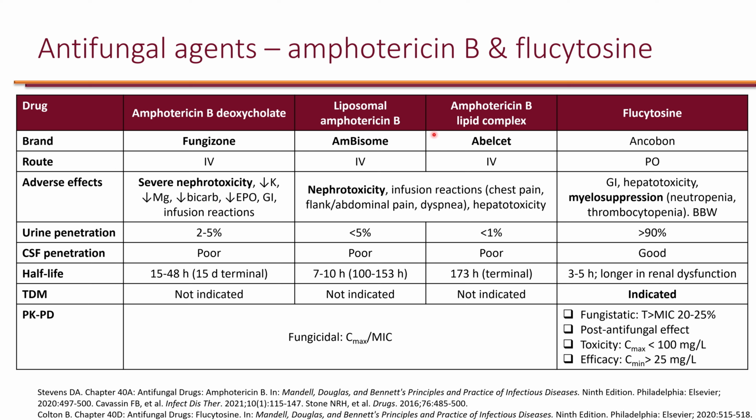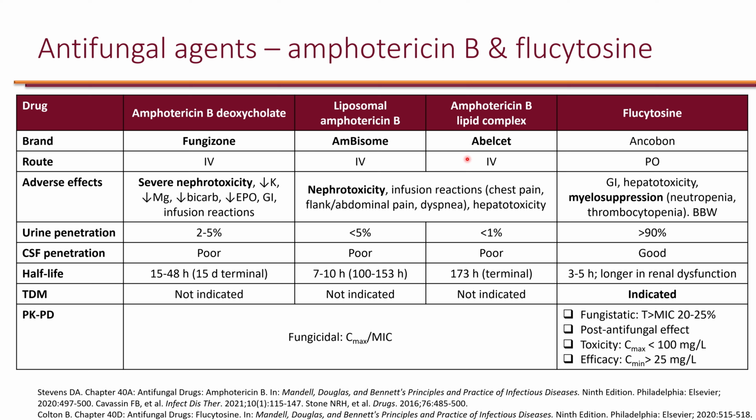So let's take a look at the different amphotericin B products. Currently there are 3 on the market. There used to be a 4th one, currently not available, but we'll focus on the 3 that are on the market. The classic one, the conventional amphotericin B, is deoxycholate.